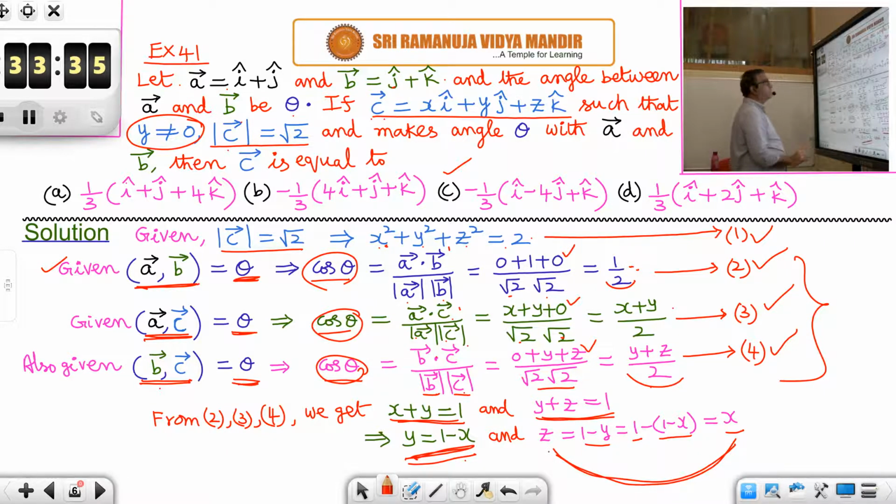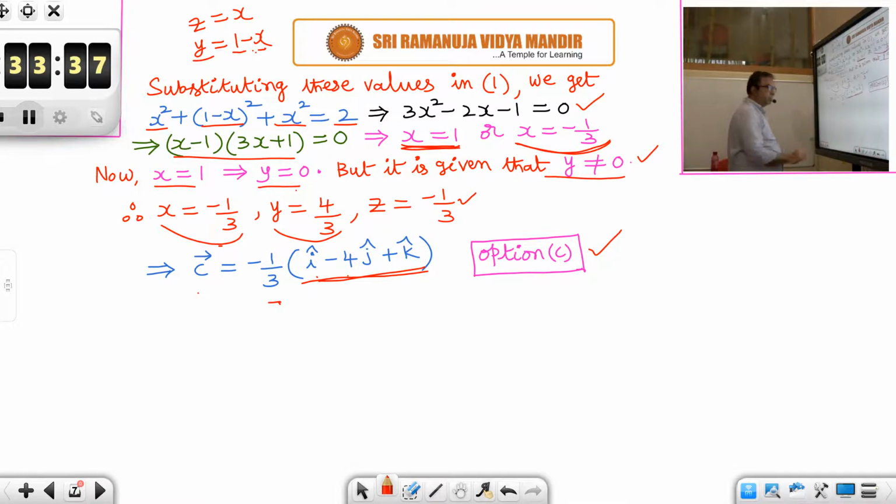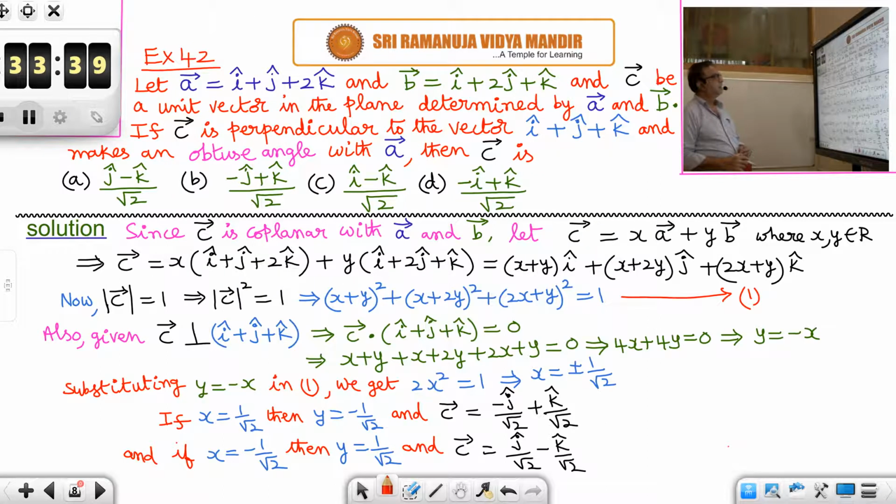Let us see the next example, number 42. Let A bar is equal to i plus j plus 2k, B bar is equal to i plus 2j plus k, and C bar be a unit vector in the plane determined by A bar and B bar. Okay, A bar and B bar are given, two vectors. They are of course non-collinear vectors.